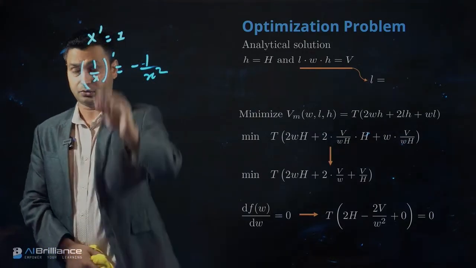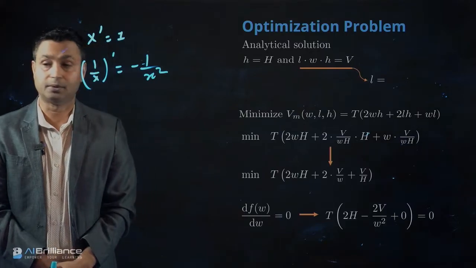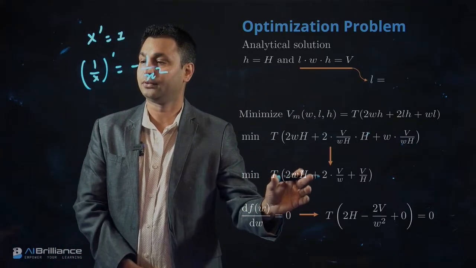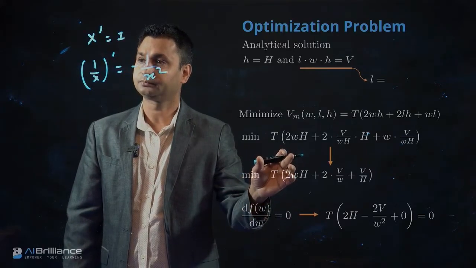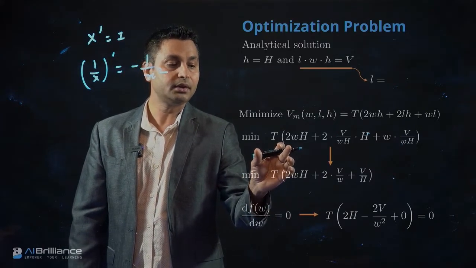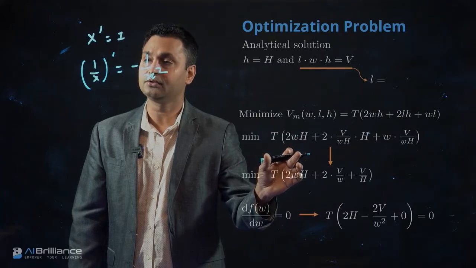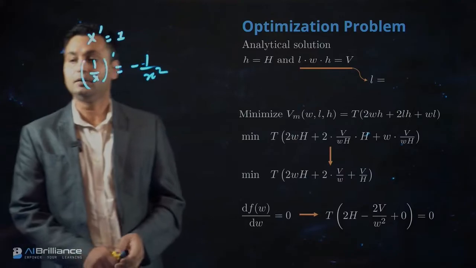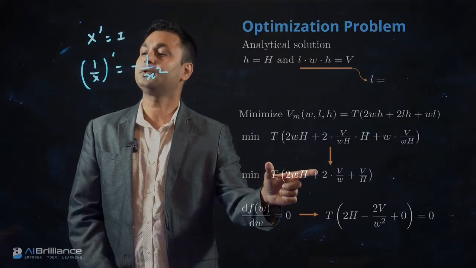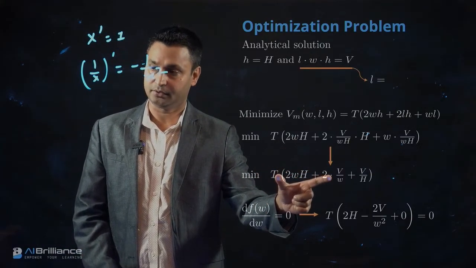I will take these two pieces of information and go here. There is 2WH listed here, and we will essentially use this 2WH information, and then we can use this function and take the derivative of this function as well.